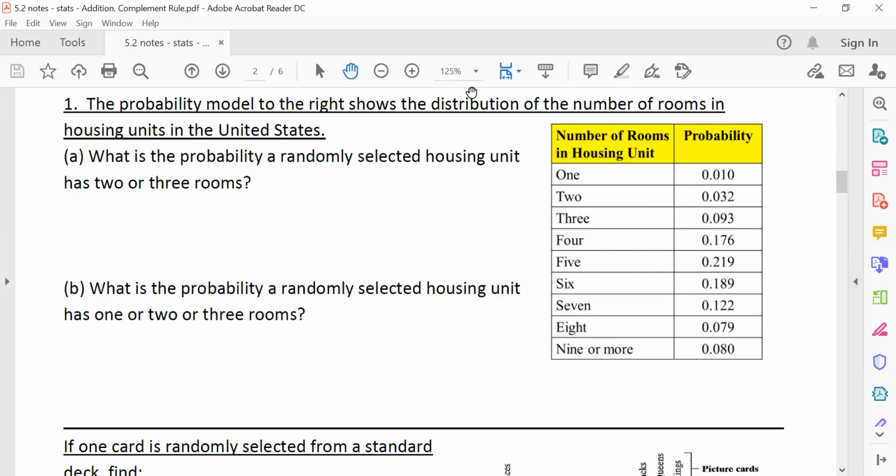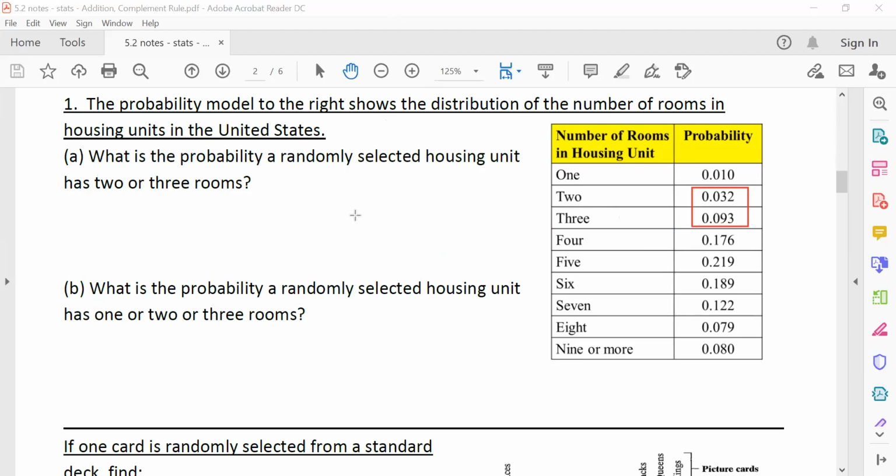What is the probability that a randomly selected housing unit has 2 or 3 rooms? Well, in this particular case, you can get away with simply adding these two together. But that's because the event of having 2 rooms in a housing unit and the event of having 3 rooms in a housing unit are mutually exclusive. You can't have a house that both has 3 rooms and also has 2 rooms in it.